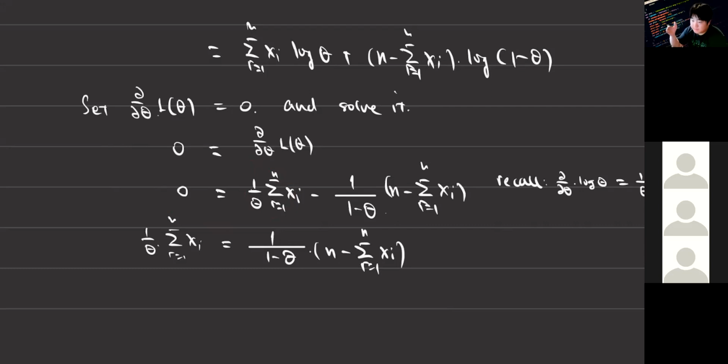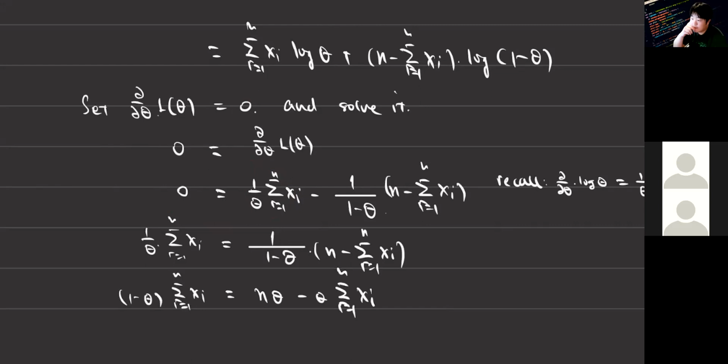Now I'm left with nothing but to actually solve it, right? So how do you do that? You essentially rearrange a little bit. This 1 minus theta comes over here, and on the right-hand side you have n theta minus theta summation i from 1 to n of xi.